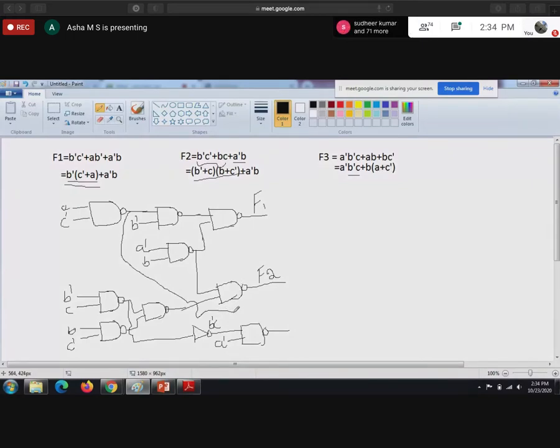Okay, this should get added with B. From this NAND gate, I got A bar B bar C. Now add that with another NAND gate. You will get F3.